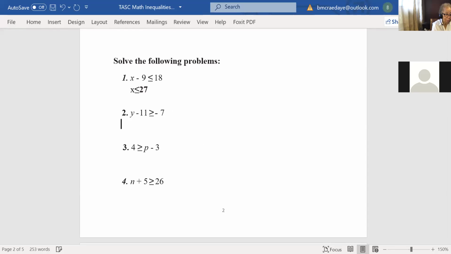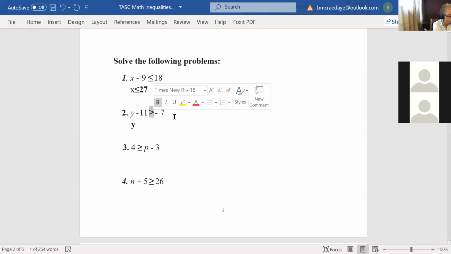Okay. I'll put the Y here. Y is the unknown, and I'll put the inequality. We're going to leave it with the inequality greater than or equal. So what would be the answer? So therefore, you add. That's it. You add 7.